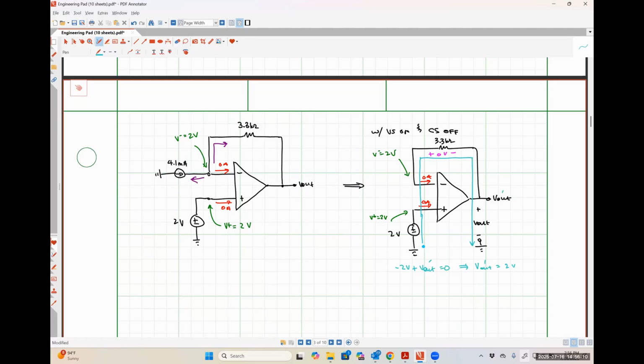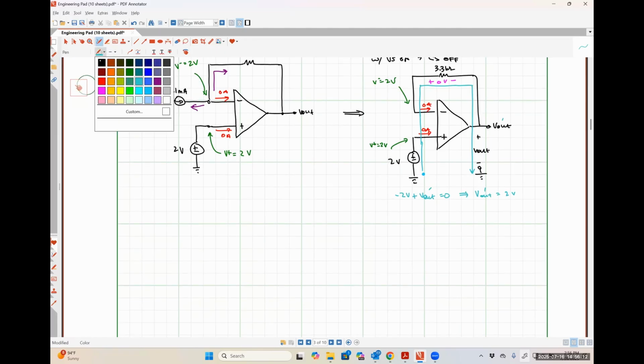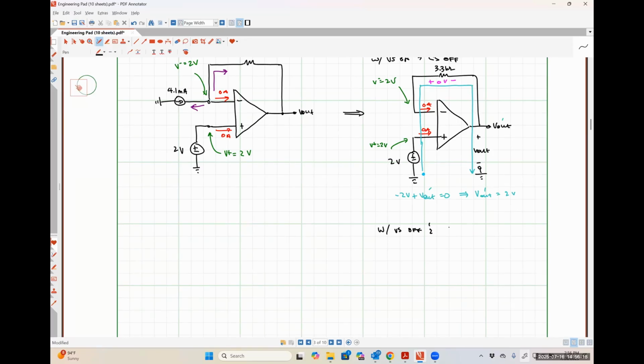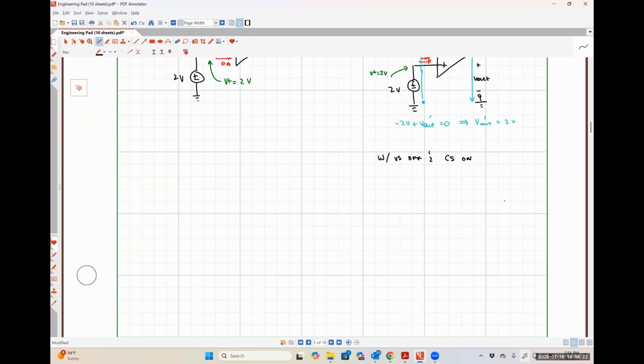Now, when we look at this circuit with VS off and CS on, we have this guy.